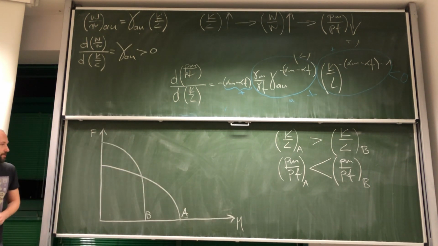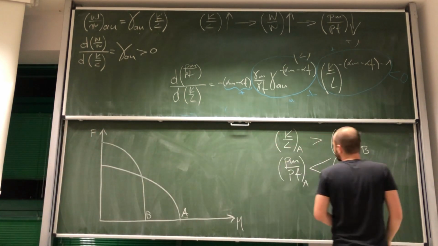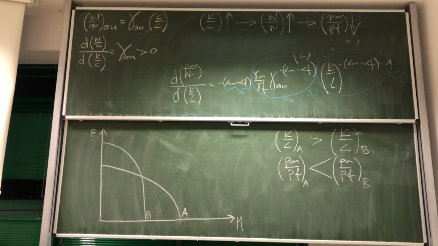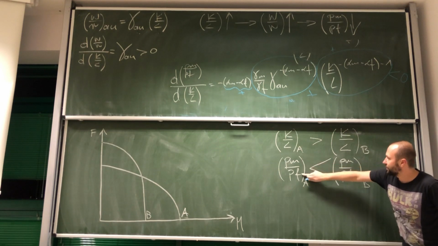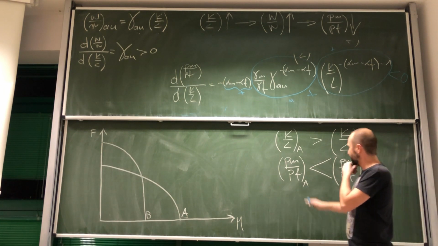And now, the key thing for us is going to be setting up the level of production of two goods in two countries using price ratios. So what do we know?